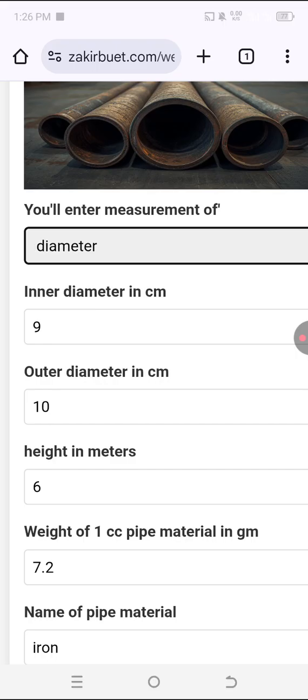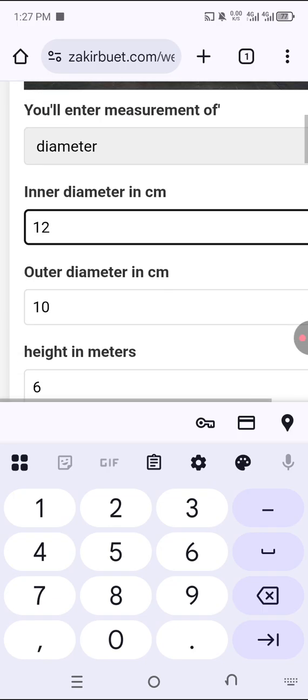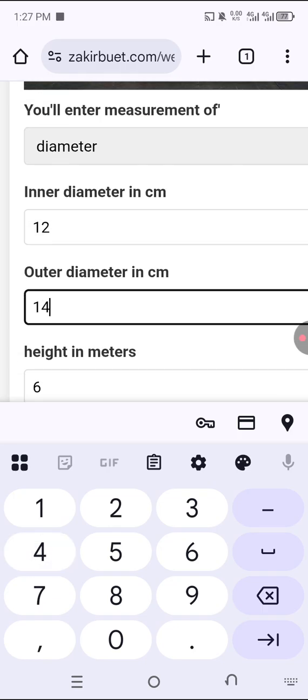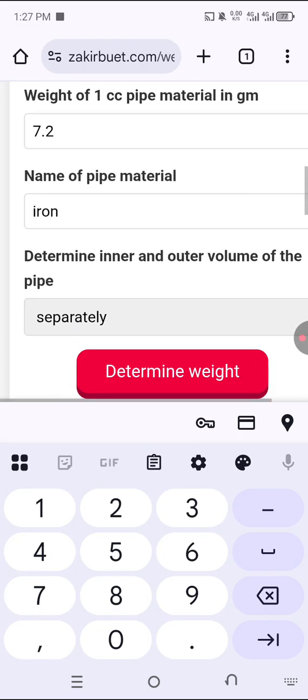In 98% of the cases it is diameter you will have to encounter, and in only a few cases this is going to be radius. So inner is 12 and the outer is 14, and the height of the pipe is 5 meters. The density is the same as previous.